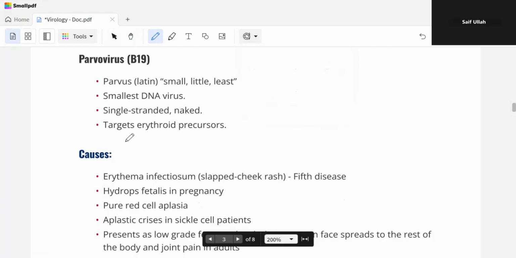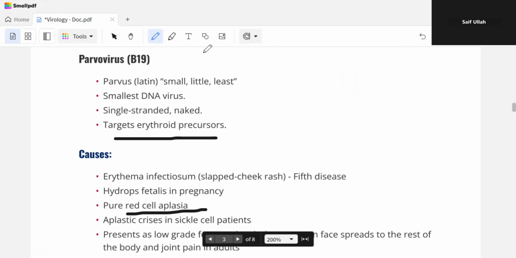Now, think of it. If it is targeting the precursor cells of erythroid, the red cells, then it's going to cause red cell aplasia. So that's a common feature of parvovirus. Another thing, it causes erythema infectiosum, which is also called slapped cheek disease or slapped cheek rash, and it's also called fifth disease. Okay, so the way you're going to remember it is, let's say all the DNA viruses are happy, but this one is an exception because it's small, it replicates inside the nucleus, and it's single-stranded.